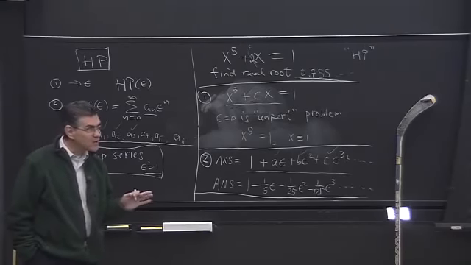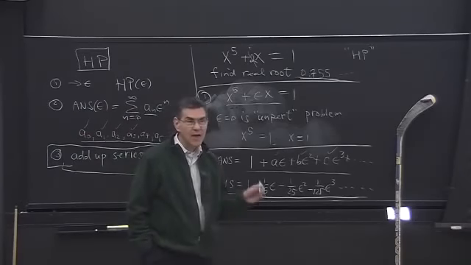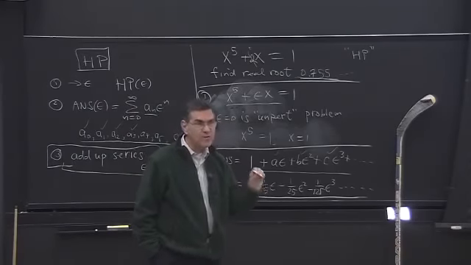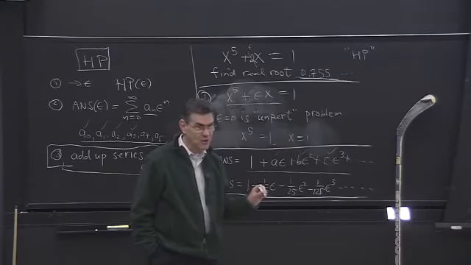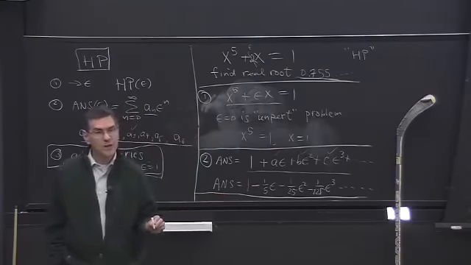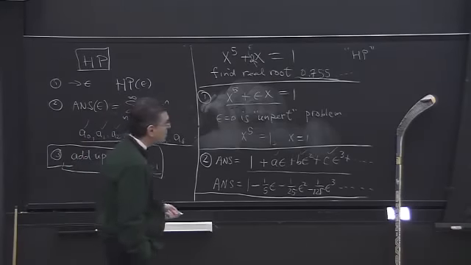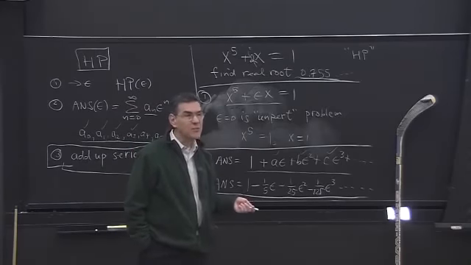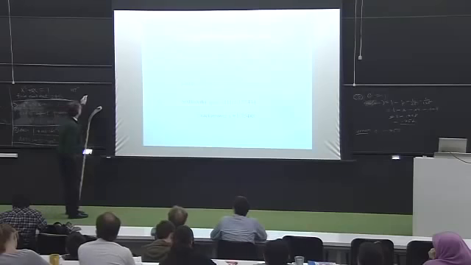I'm going to explain to you how to sum a series that diverges and how to obtain the correct finite answer from a divergent series. And in doing this, we're going to have to develop a new kind of mathematics, because the kind of mathematics that you've been taught until now is exact mathematics. Okay? It is the mathematics of equal signs.